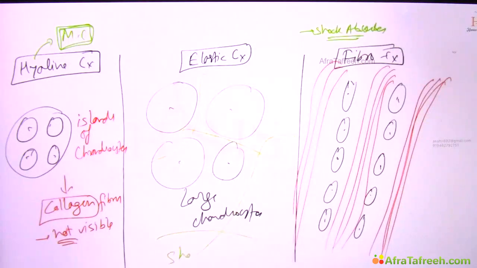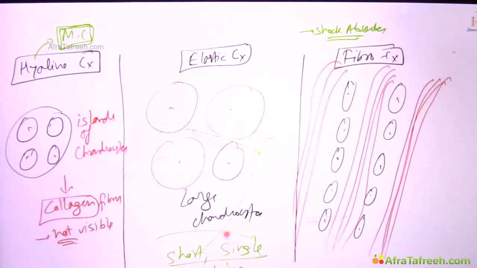They are short, single and branching fibers. You are comparing with what? With the collagen fibers, which are long, wavy bundles of fibers, while these are short, single fibers. So these are elastic fibers in the elastic cartilage with large chondrocytes.